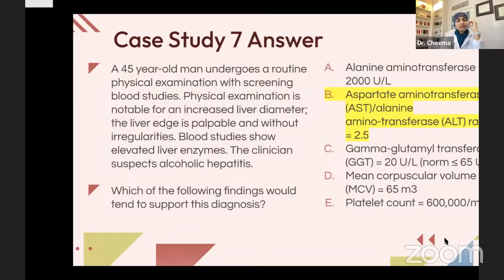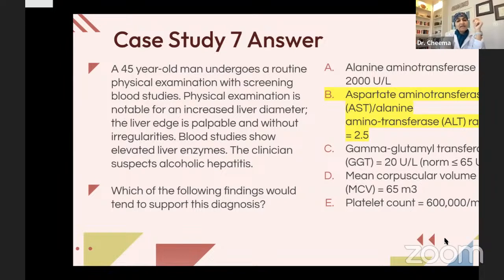One of the more helpful rules of thumb in making the diagnosis is that the ratio of serum aspartate aminotransferase, AST, to serum ALT is usually greater than 2 in alcoholic hepatitis. Other indices are affected by alcoholic hepatitis, but are not as specific for this disease. So that's the reason we will pick the answer B.